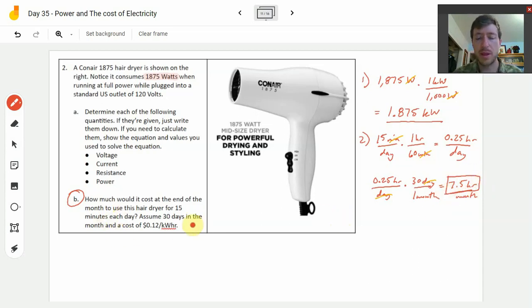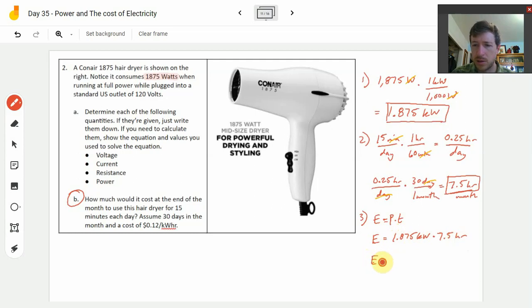So if we want to know the cost per month, that's the total hour usage. So we know the power rating in kilowatts. We know the time that was actually used. So the third part is that energy is equal to that power times time. So the energy usage in kilowatt hours is 1.875 kilowatts times 7.5 hours.